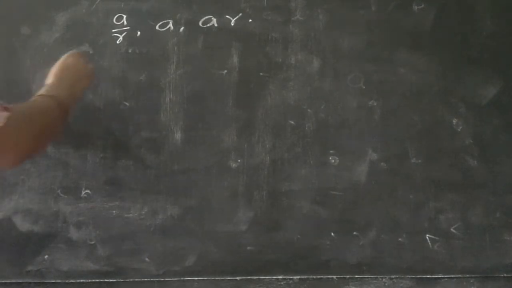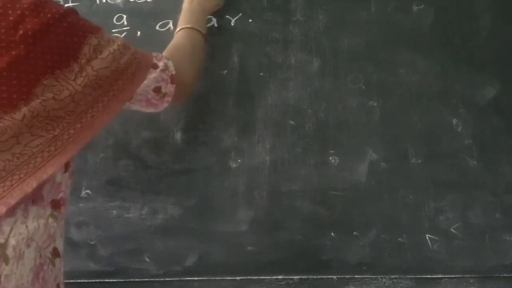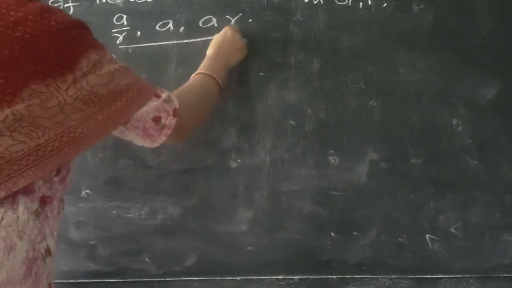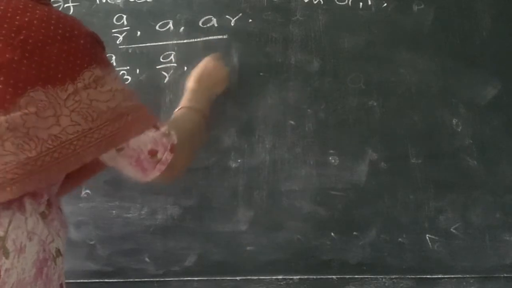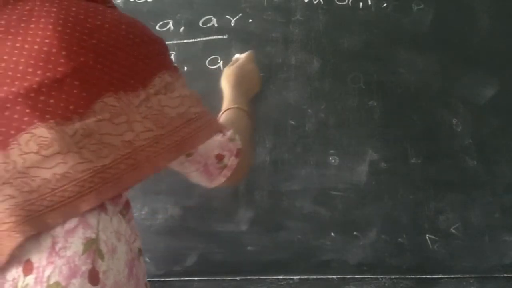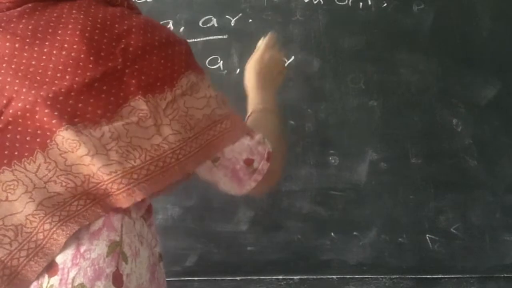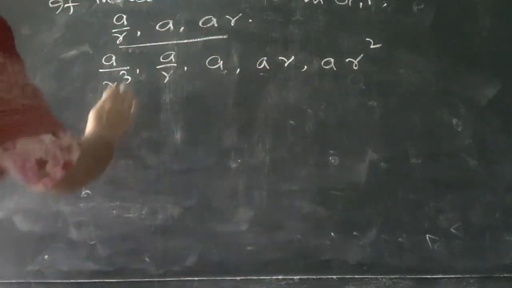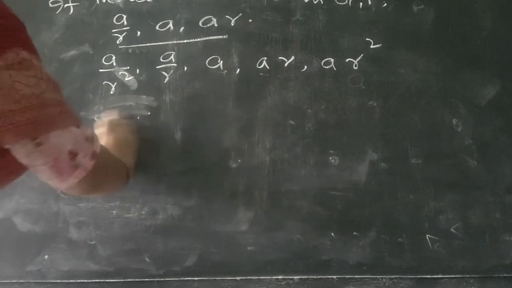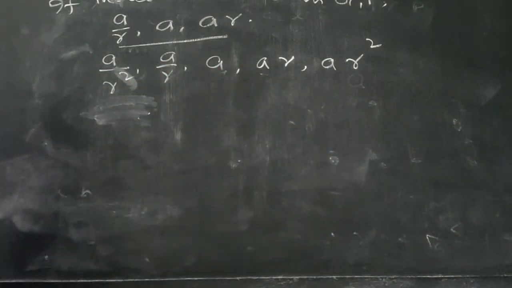And if five terms are in GP, then I will get it in this way: A by R square, A by R, A, AR, AR square. Right?